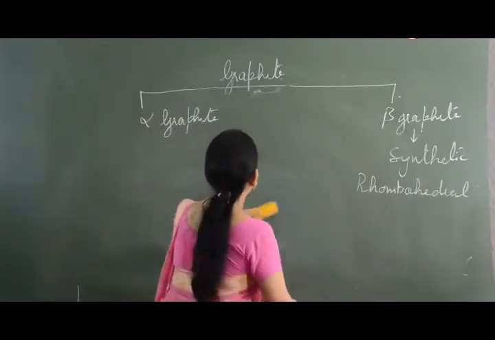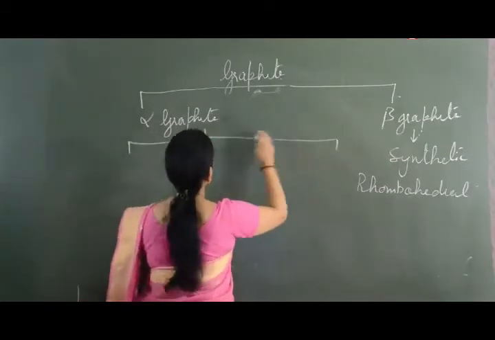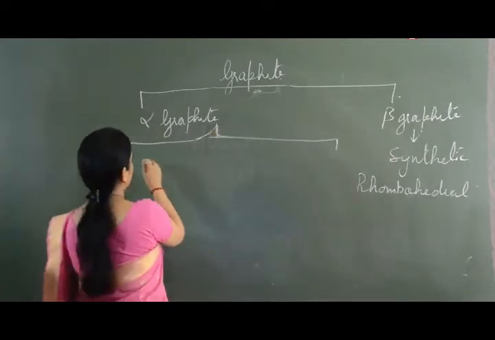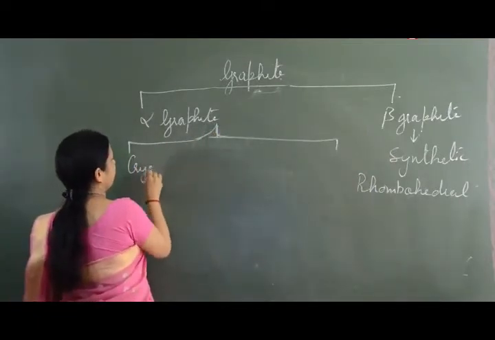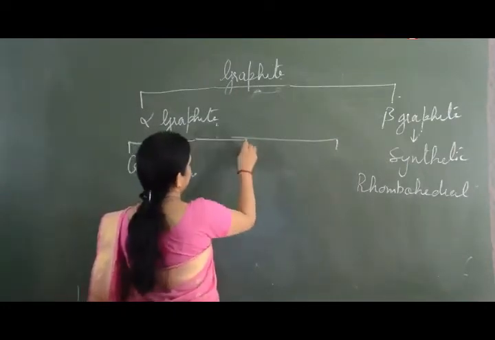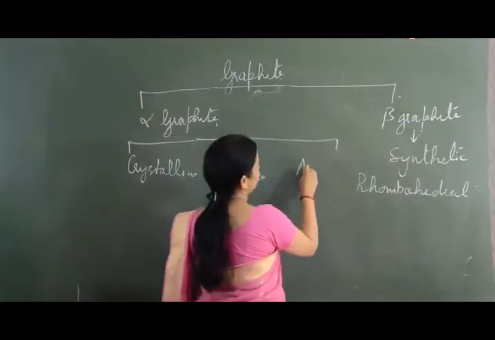Now further, alpha graphite or natural graphite is divided into three types. One is crystalline graphite, the second is flake, and third is amorphous.